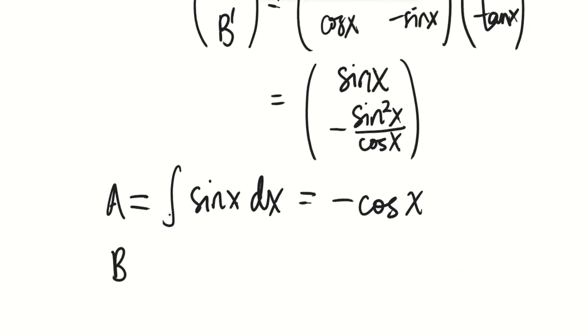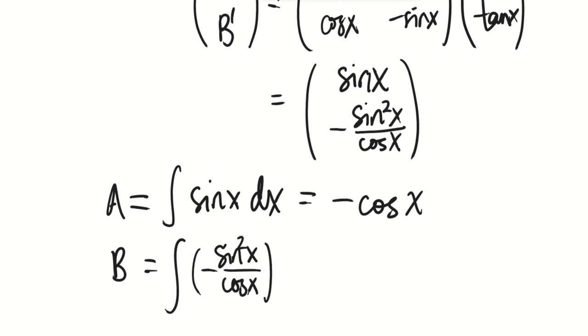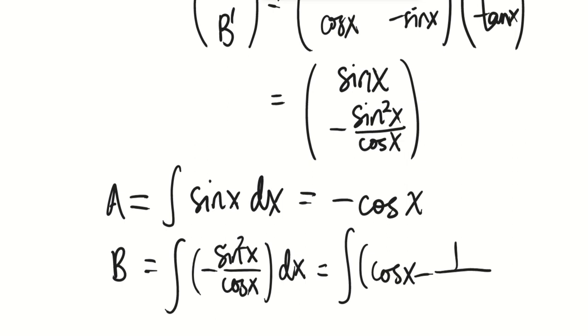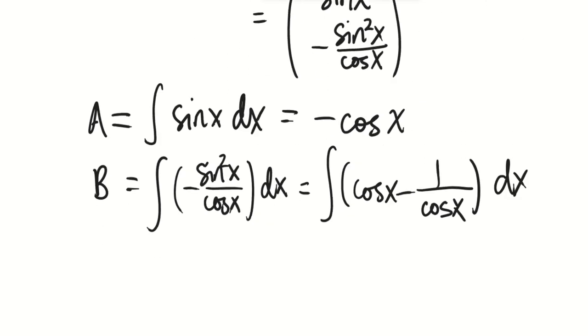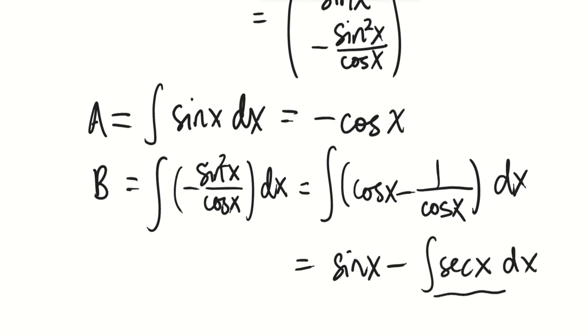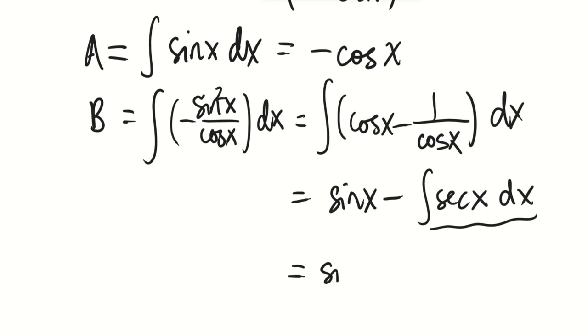And b would be the integral of minus sine squared over cos x dx. I will write this as, well, sine squared x is 1 minus cos squared x. So this is actually cos x minus 1 over cos x, as you can verify. So this would be sine x minus the integral of the secant of x, which deserves another video, but I will tell you the answer for this.